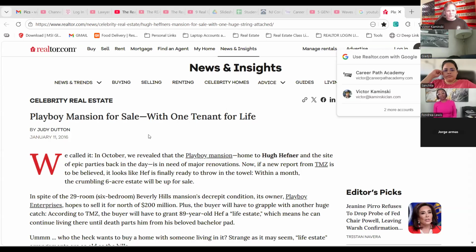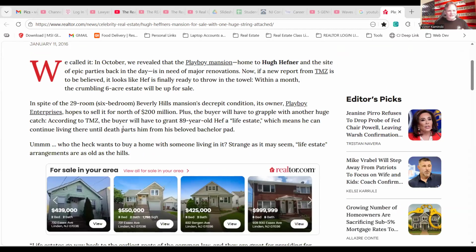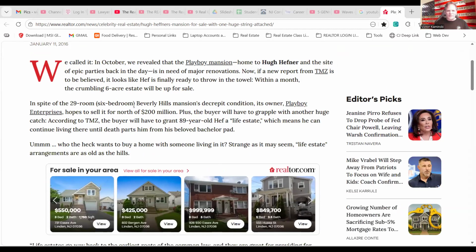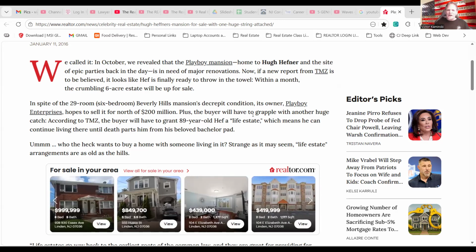Look at that. Playboy mansion for sale with one life tenant. So it was a 29 room, 6 bedroom Beverly Hills mansion in decrepit condition. Playboy Enterprises hopes to sell it north of 200 million. Plus, the buyer will have to grapple with another huge catch.